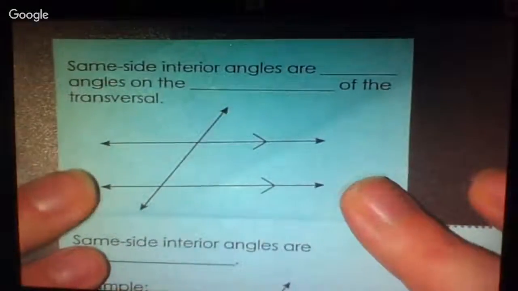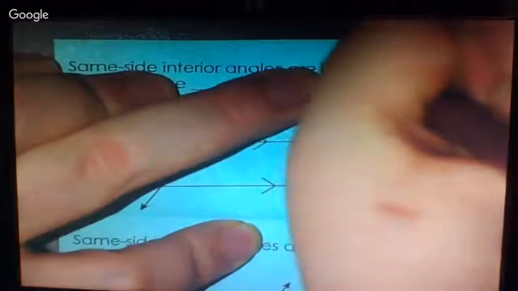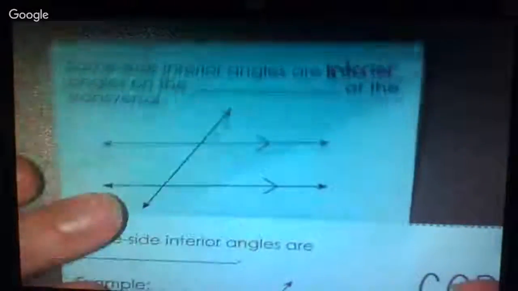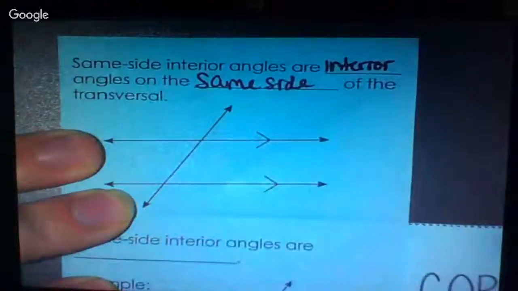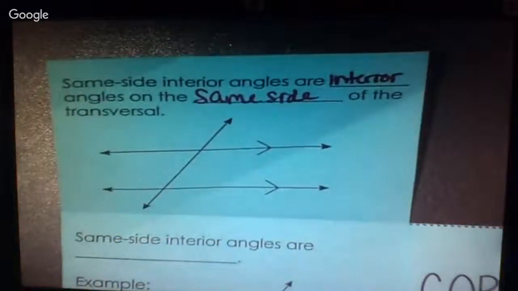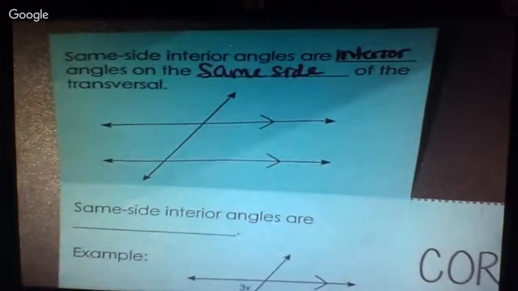So let's open this up. Same side interior angles are interior angles on the same side of the transversal. So they have to be inside your parallel lines on the same side of the transversal. This time my picture got turned.